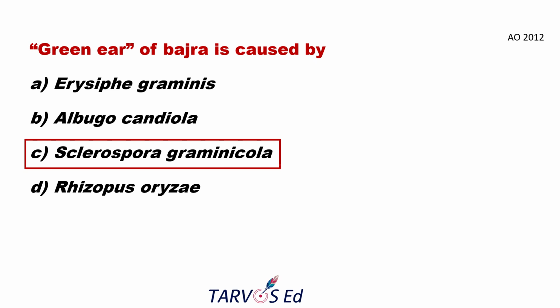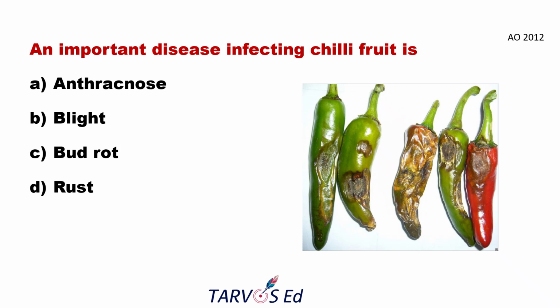One of the most important questions: an important disease infecting chili fruit is obviously anthracnose. Not only in chili fruit, but in other fruit crops also, wherever there are sunken lesions, and in that sunken lesion you see concentric rings, which are nothing but fruiting bodies called acervuli, they are all caused by anthracnose. Anthracnose can also be related to latent infection.